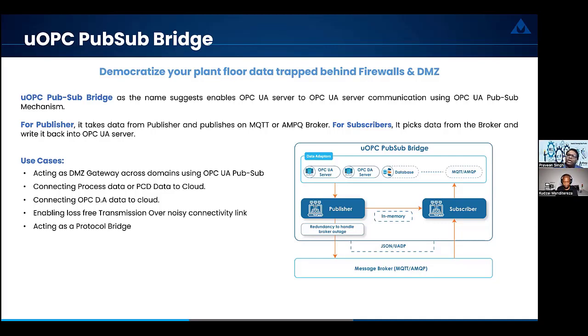So you lose no data. And there are different modes for how you push data. I can push both historical data and live data to the broker, in a sequence based on the client requirement. Because of that, it can give you loss-free transmission over a noisy link. If the connection goes, no problem. I have stored all the data and give it to you.